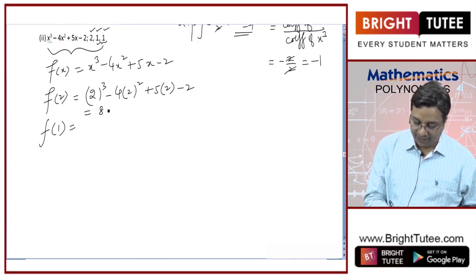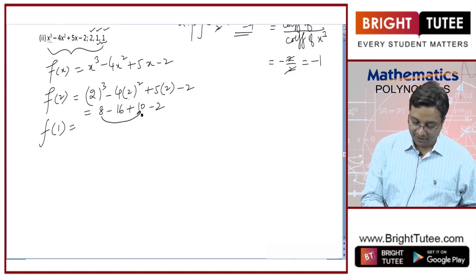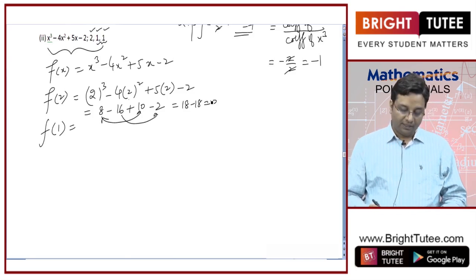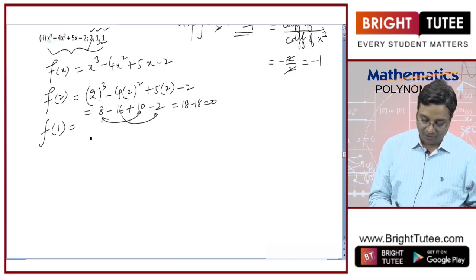So it will give you 8 minus 4 into 4 16 plus 10 minus 2. So it will become 18 and it will become minus 18. So 18 minus 18 equal to 0, right? So 2 is a 0 of this polynomial. So let's check for 1 now.